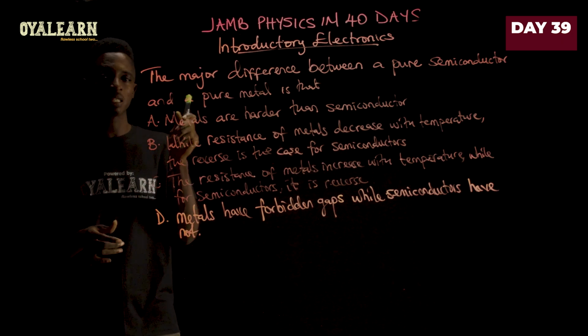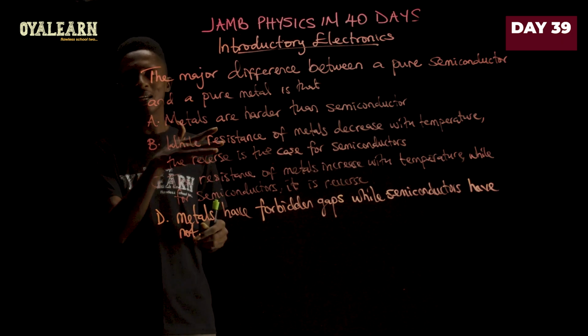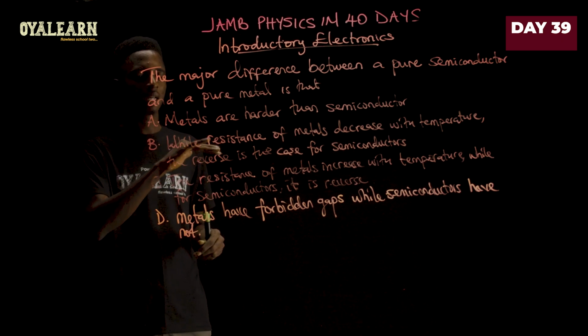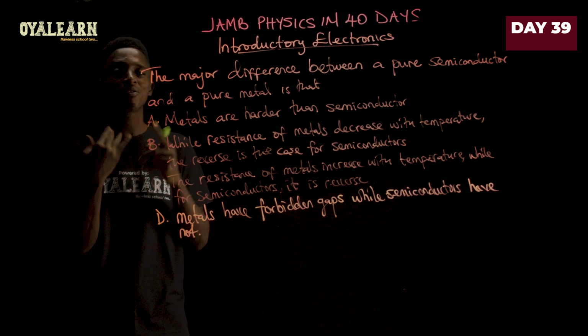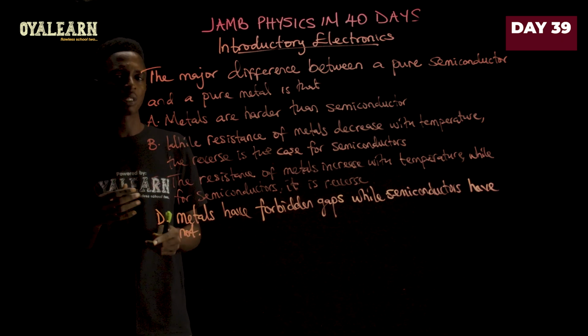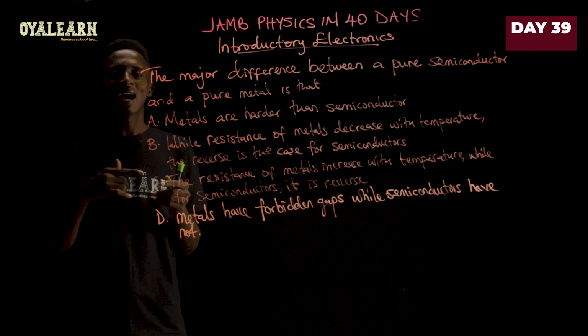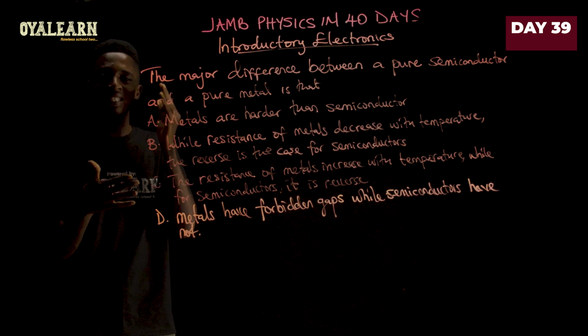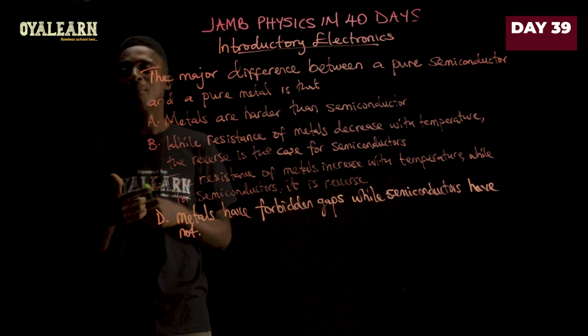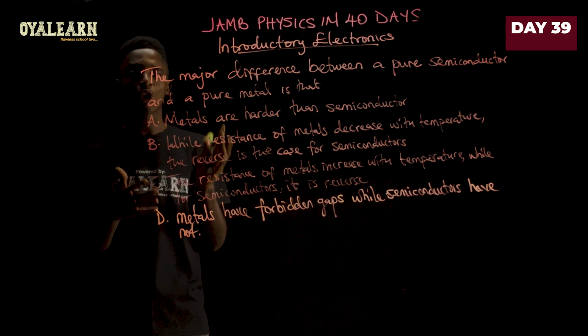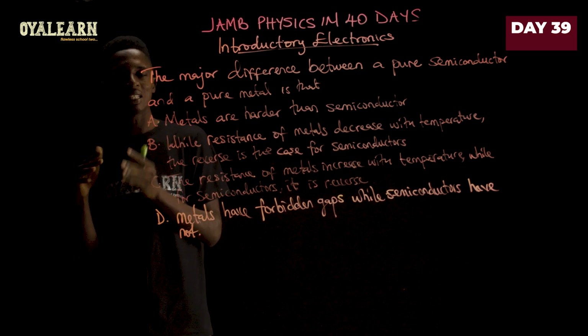Now, this statement is false because when you are dealing with electricity, in fact, we study the factors that determine resistance of conductors, and temperature is one of them, and the relationship is direct proportionality. That is, the higher the temperature, the more the resistance when it comes to conductors and metals in general.